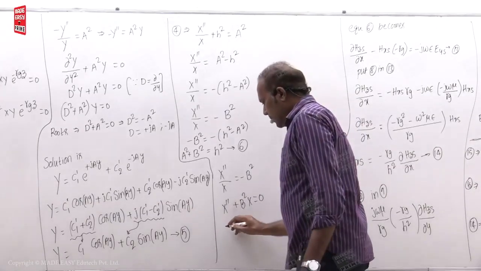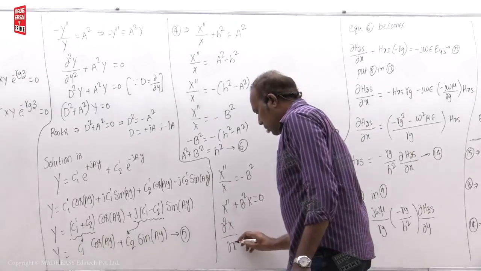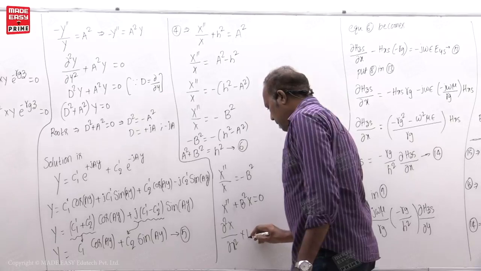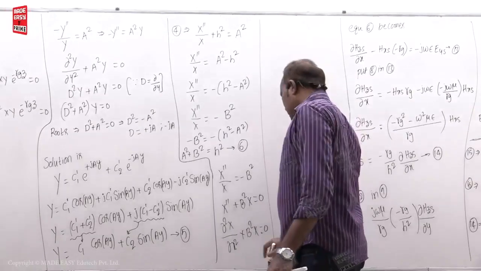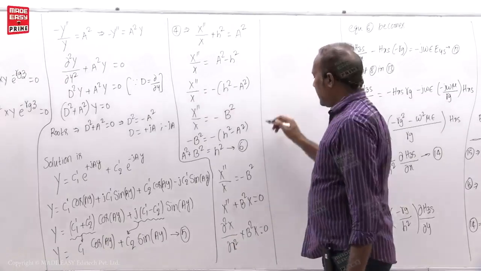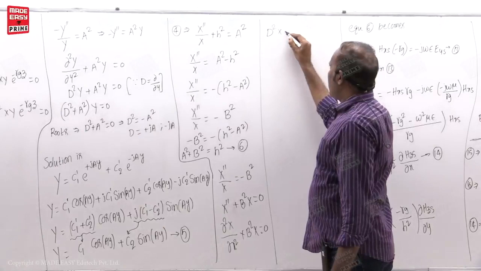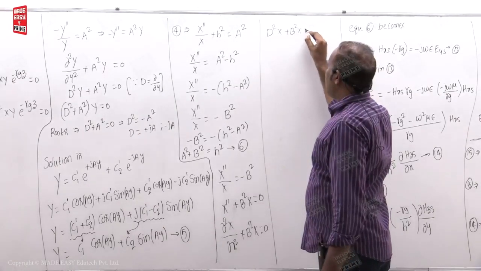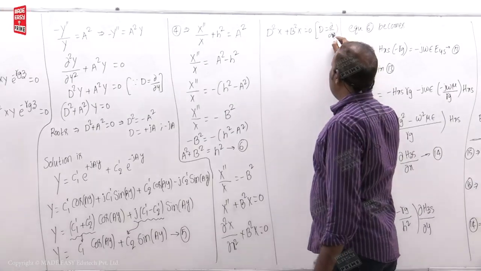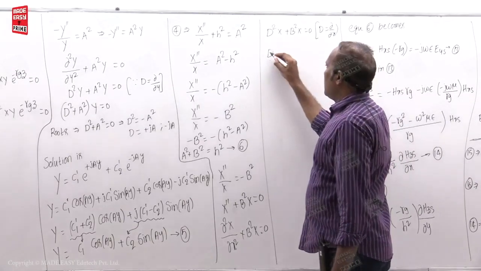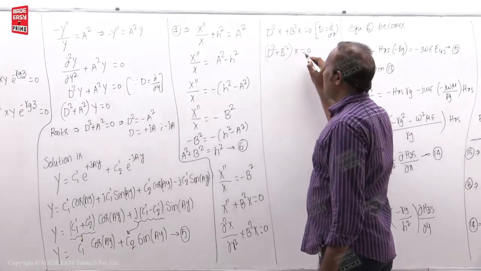This is nothing but dou square capital X divided by dou x square plus b square X is equal to 0. If you take dou by dou x as capital D, this is D square X plus b square X is equal to 0. So D square plus b square into capital X is equal to 0.